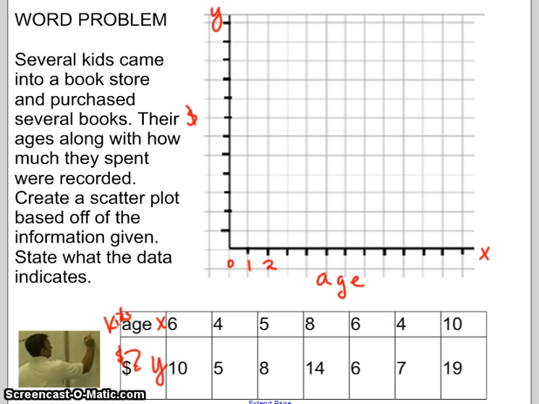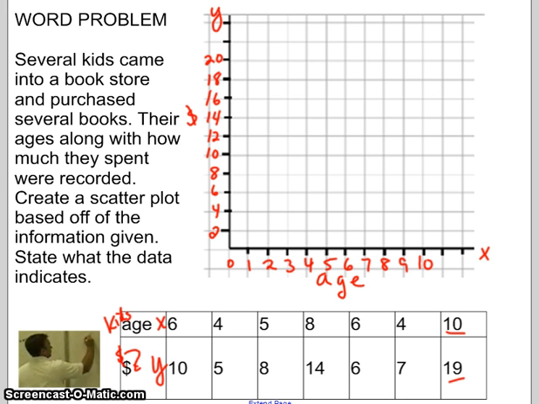Zero here. 1, 2, 3, 4, 5, 6, 7, 8, 9, 10, because I have enough space and my x values only go up to 10. For the money, I might not have 19 spaces, so I might go by 2. 2, 4, 6, 8, 10, 12, 14, 16, 18, 20, just so all my data fits.